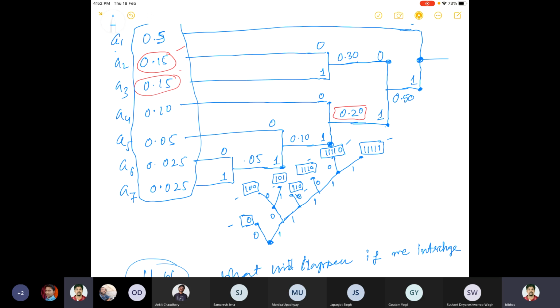We cannot say that it does not exist; we can only say it does not exist till now, because nobody could prove that it will not exist. We could say that till now we don't know the answer. So here, similarly, there is no known direct association of the length of the code words with the probabilities.